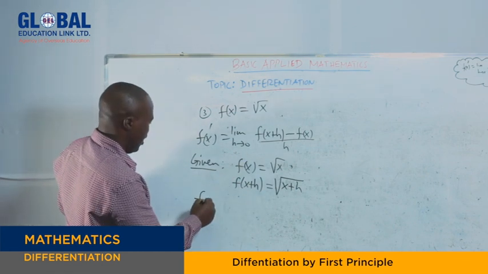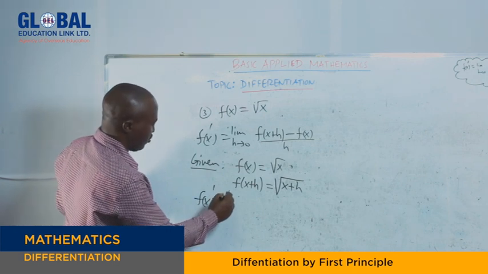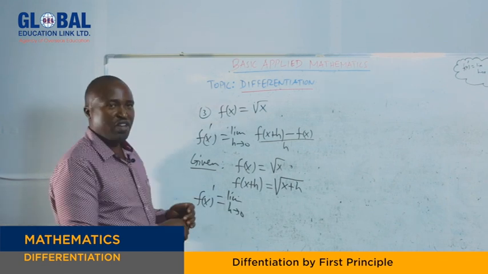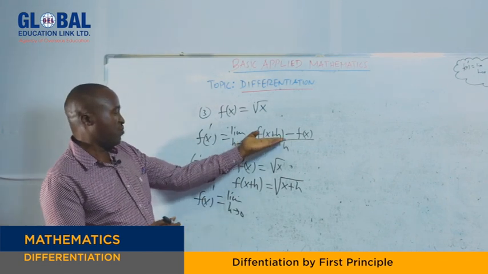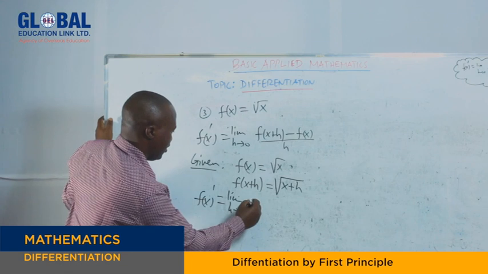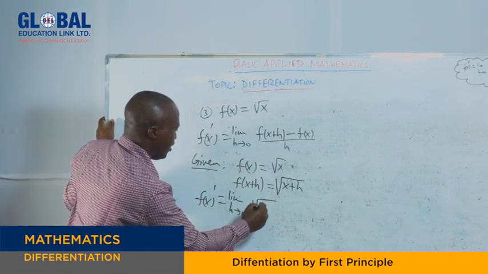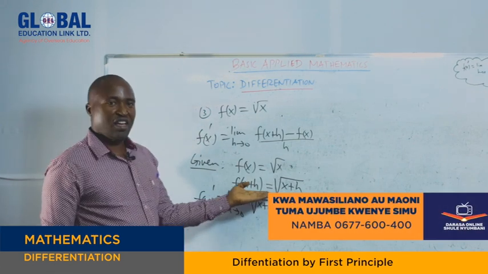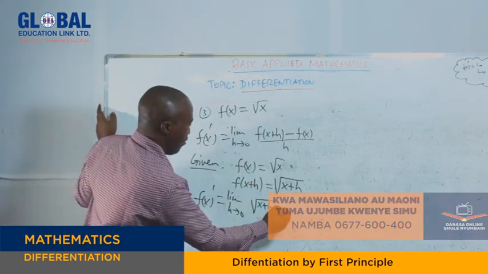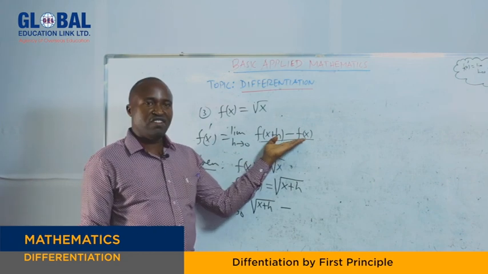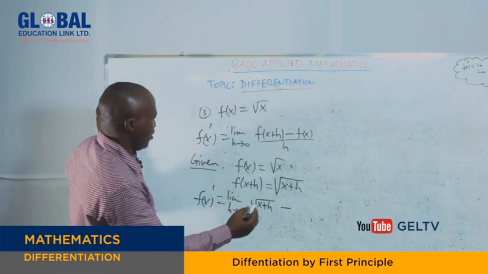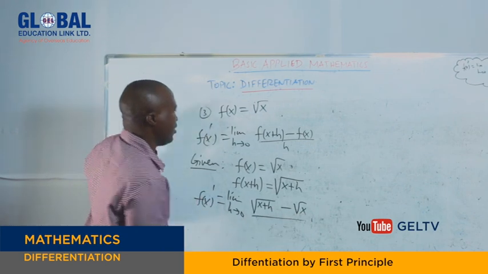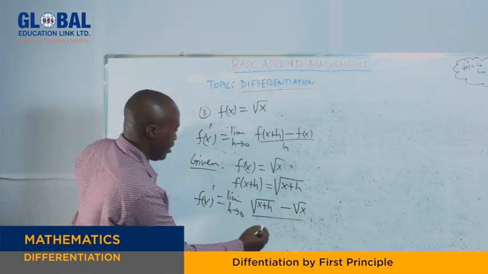So f'(x) will be equal to the limit as h approaches 0 of the square root of x plus h, that is f(x plus h), minus the given function f(x), which is the square root of x, and we divide by h.